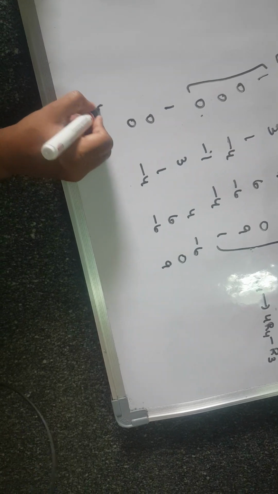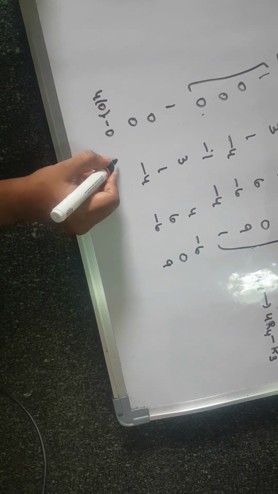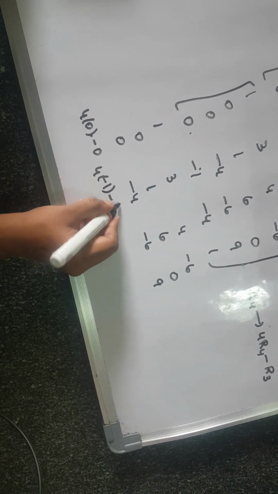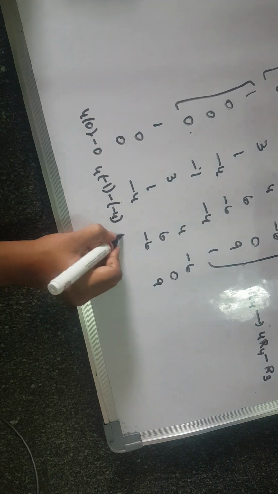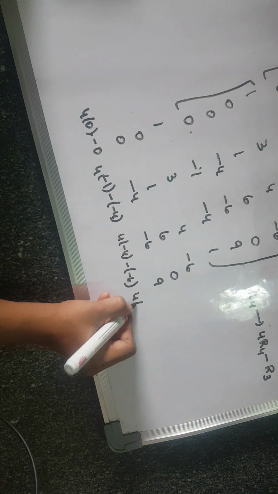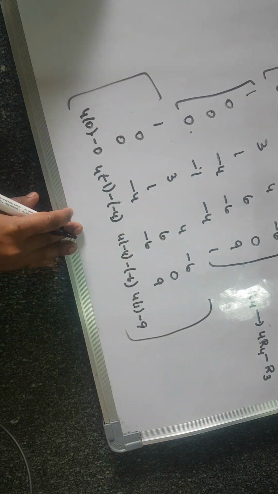Now here 4 into 0 minus 0, 4 into minus 1 minus of minus 4, 4 into minus 4 minus of minus 6, 4 into 1 minus 9. Here these values become like this.